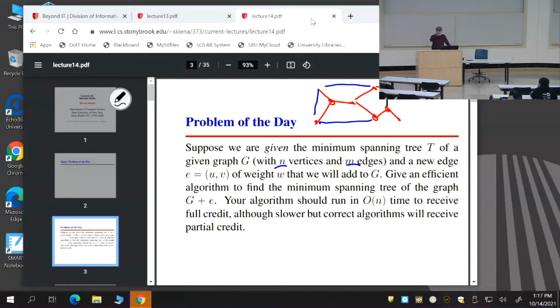You have a graph, you have the minimum spanning tree of the graph, and you've got a new edge that's being inserted. Can you give an order n algorithm to find the minimum spanning tree of the new graph? Any questions? Any ideas? Yes?